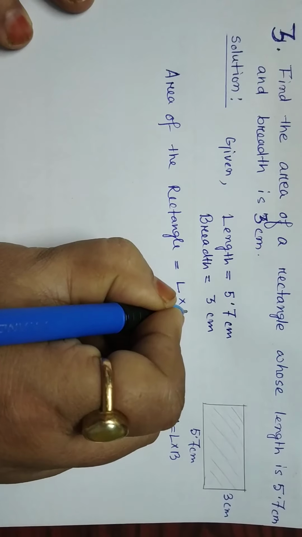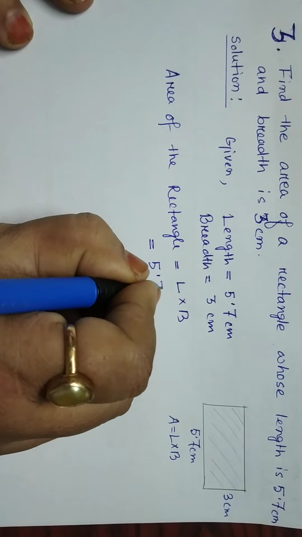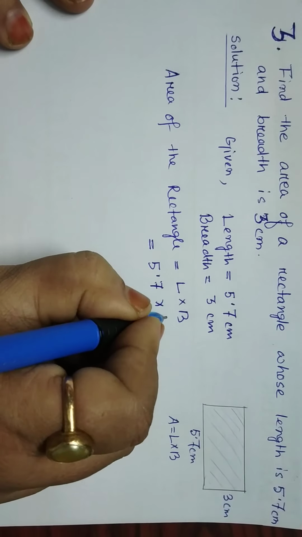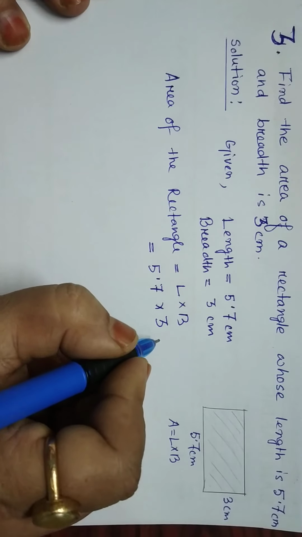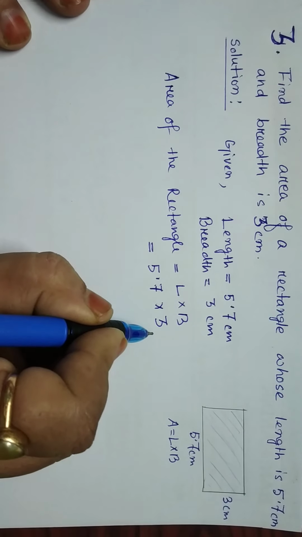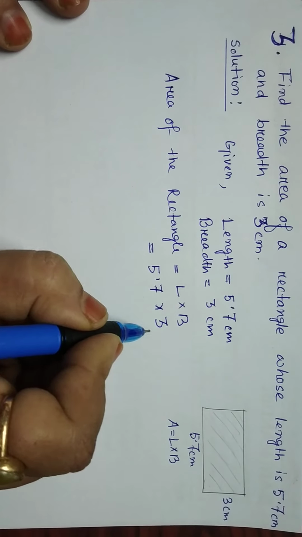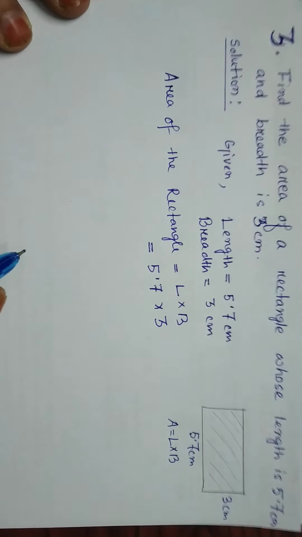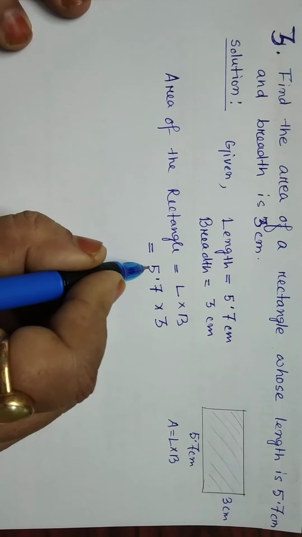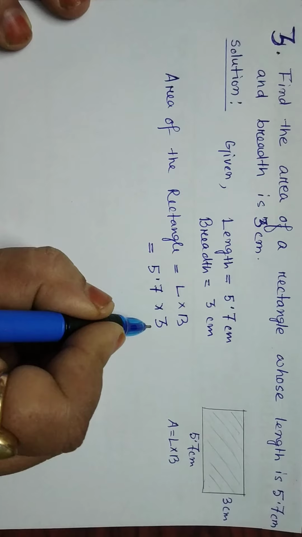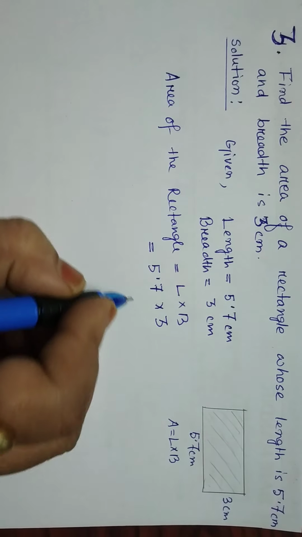Length into breadth. Here length is 5.7 cm into 3 cm. We can write the unit here also, but it may cause problems sometimes. That's why you can write the unit after the calculation also. And here also you can write 5.7 cm into 3 cm, but I have written it this way.